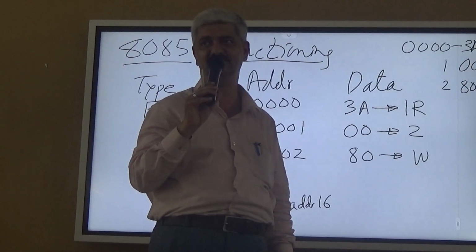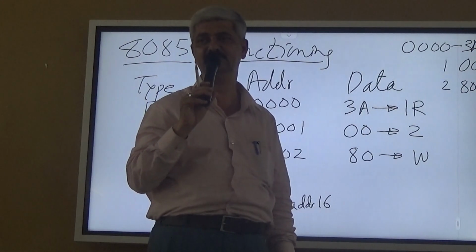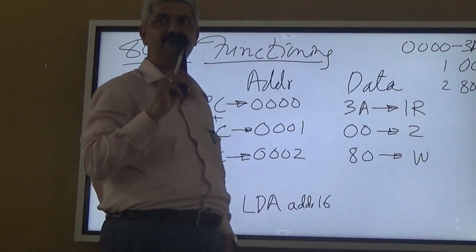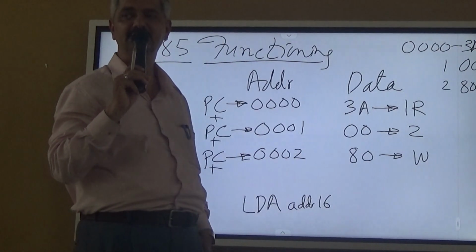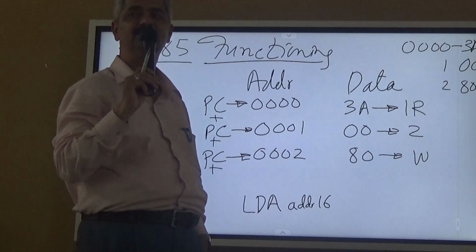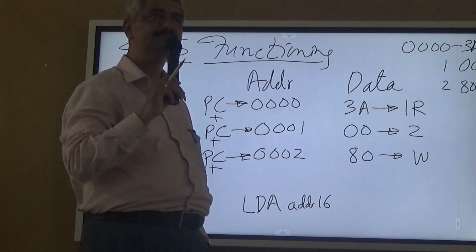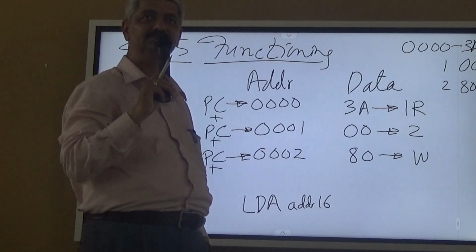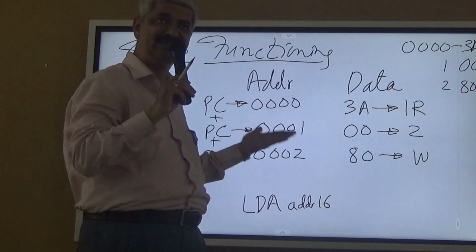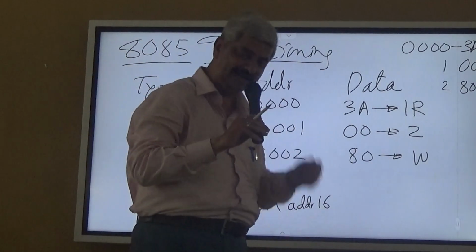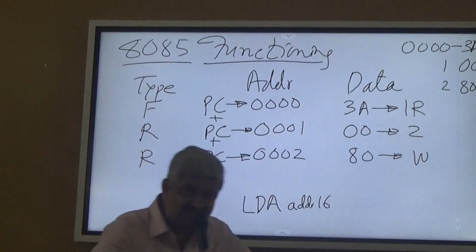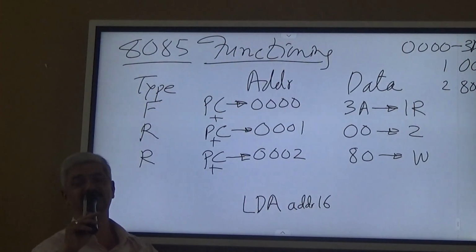So what have we done? What should be next? What should be the next cycle? 8085 operates in machine cycles. So what should be the next cycle?